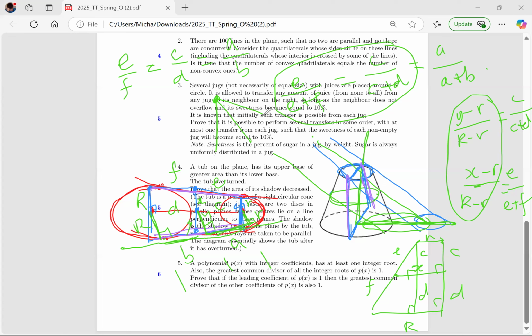But if they're all parallel, they stay the same size. So the lengths are preserved, and it suffices to show it for the circles.